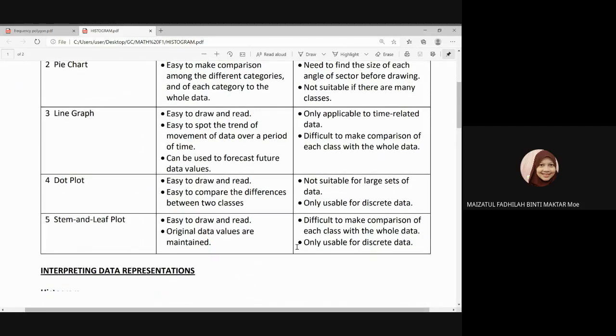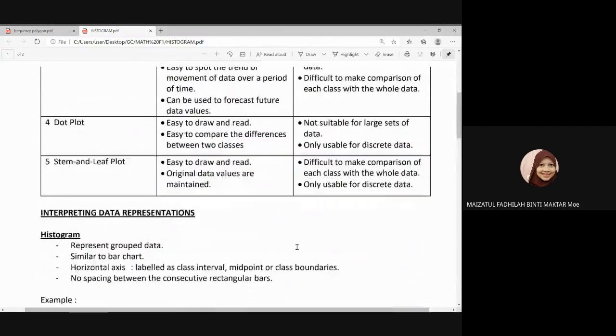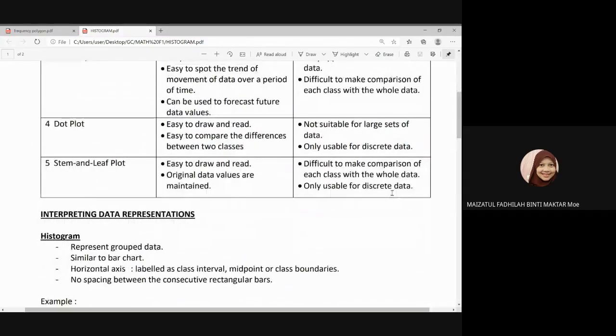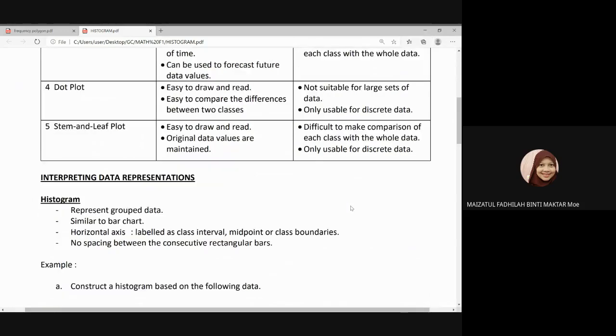Sometimes they have a question with continuous data, with decimal numbers, so you must be careful how you arrange and put the values, whether at the stem or the leaf section. So we continue to the next one.